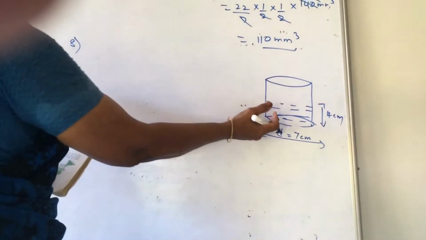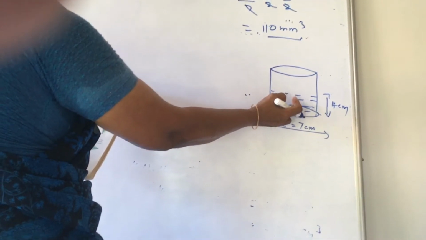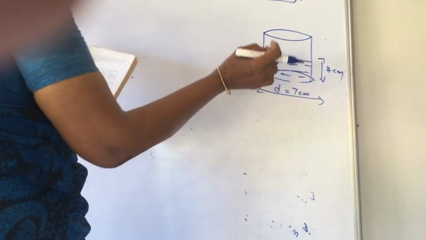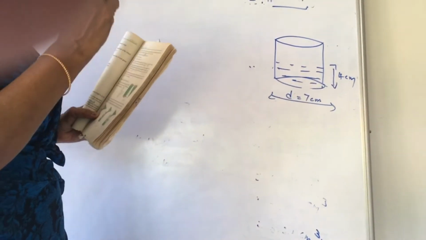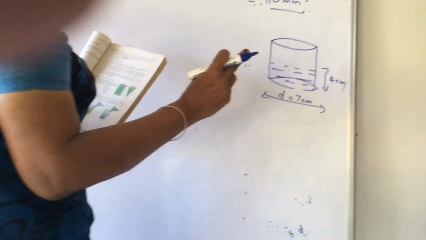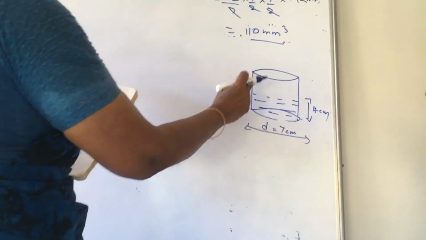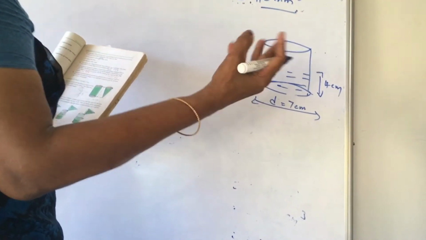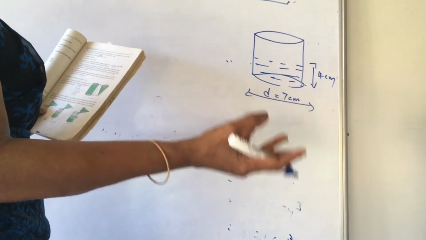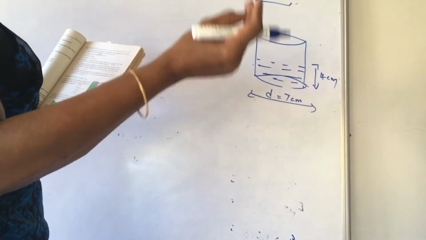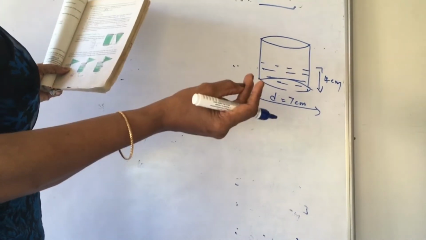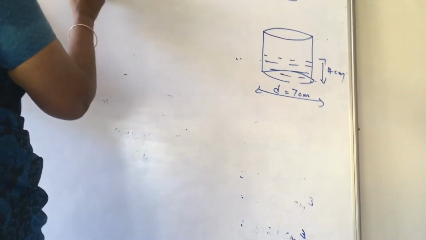Since we are going to serve in a cylindrical vessel, children, find out how much soup we have to give for one patient. The soup required for one patient in the cylindrical vessel is pi r square h. How many patients are there? 250. The volume of one cylindrical container into 250 will give you the soup required for 250 patients.